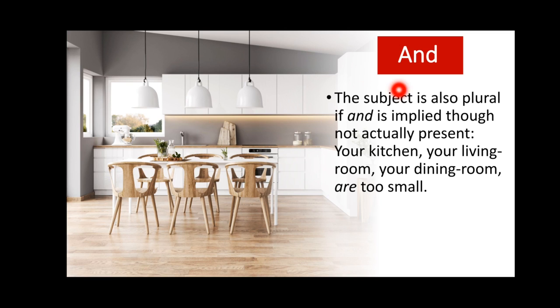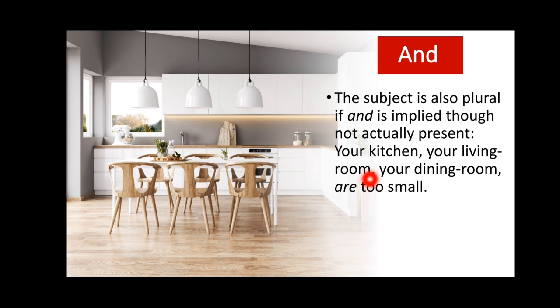Some more explanation of the conjunction and when it links nouns or noun phrases. The subject is also plural if and is implied though not actually present, right? For example, your kitchen, your living room, your dining room are too small.